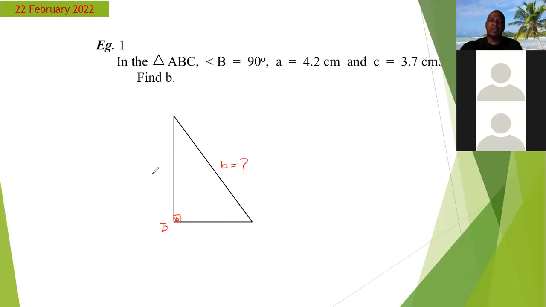So what you want to do is put in what they give you, and then you can fill in what they don't give you. So A here would be equal to 4.2 centimeters, all right?